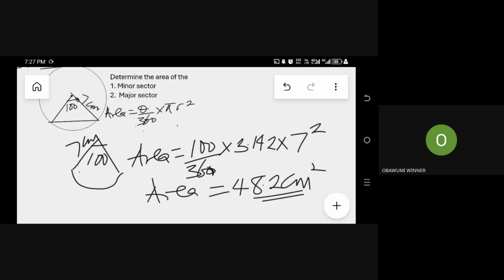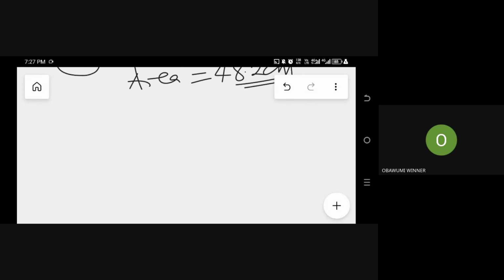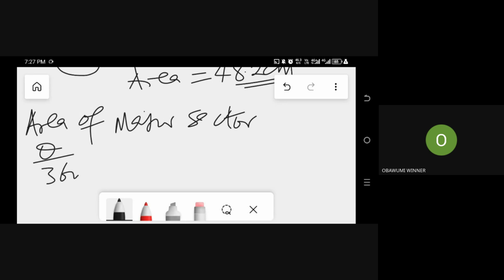Then we now progress to the major sector. So let's say here, area of major sector. Still theta over 360 times pi radius squared.